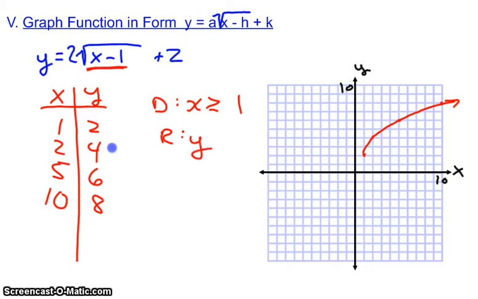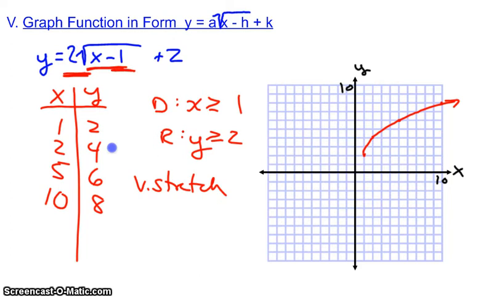The smallest y value. Look at your table or look at your graph. The smallest y value is 2. So the values are getting greater than or equal to 2. And your transformations. Based on this 2, we have a vertical stretch.